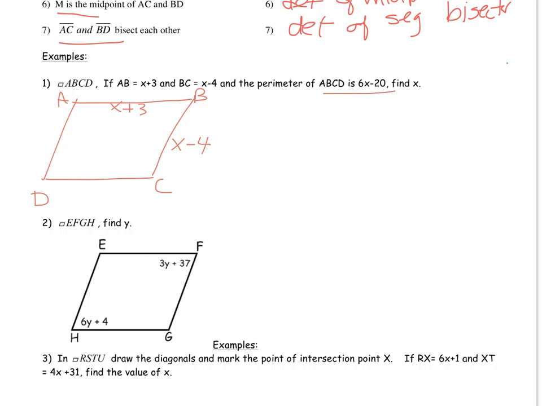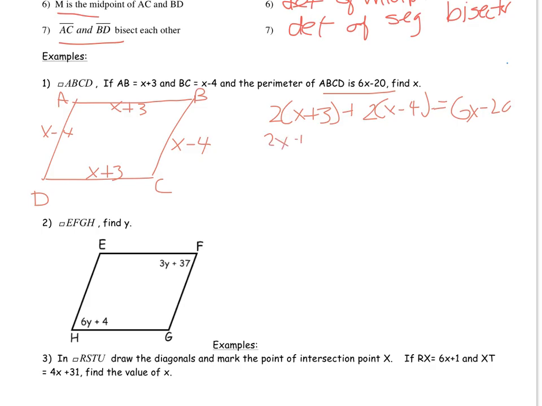And then they give the perimeter of this figure, 6x minus 20. Well, we know opposite sides are congruent, so I'm going to make the equation 2 times x plus 3 plus 2 times x minus 4 equals 6x minus 20. Please pause this and finish this problem and solve for x.